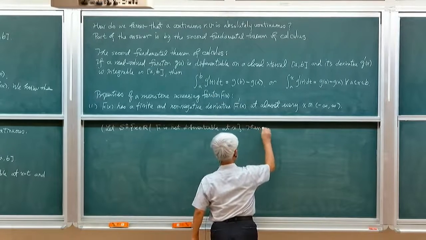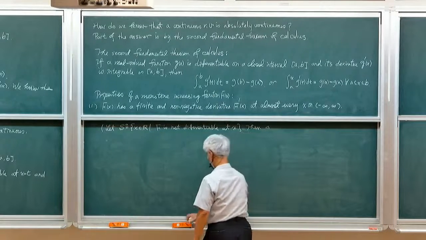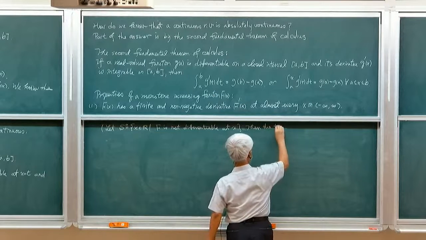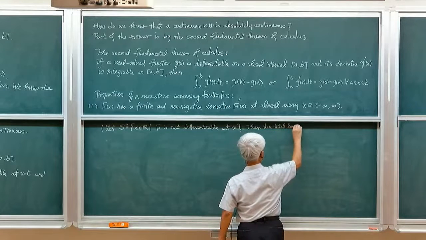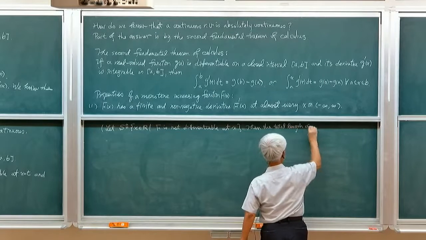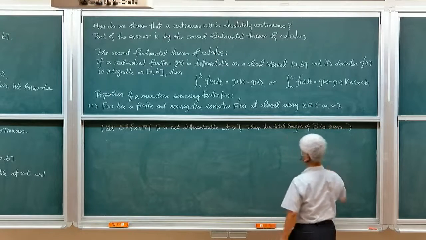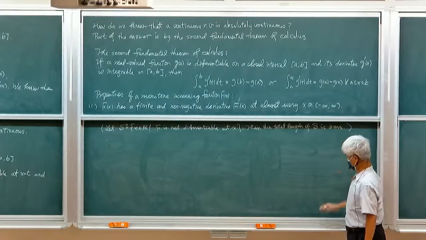Then the total length of X is 0. Okay, so the total length of X is 0.